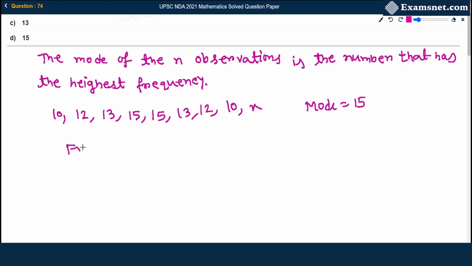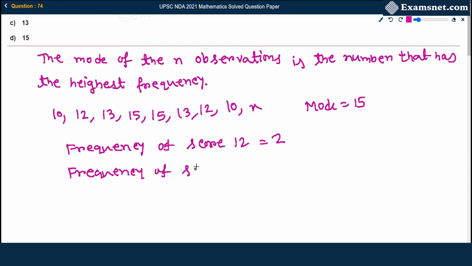So the frequency of score 12 is 2, right? The frequency of score 15 is also 2. But the mode has to be 15 because it's given. The mode is 15.